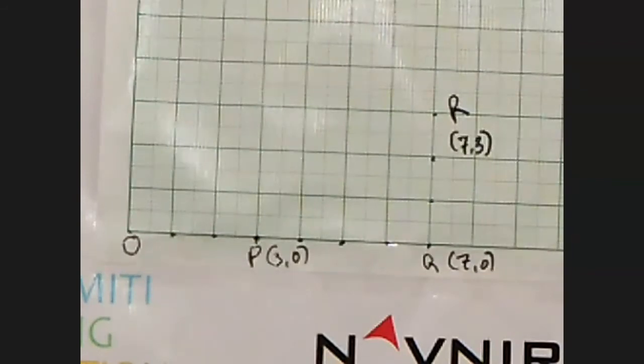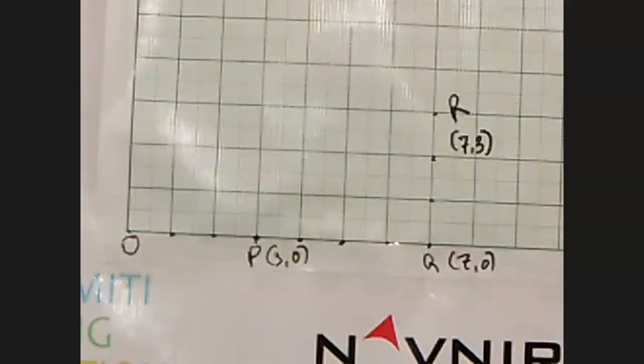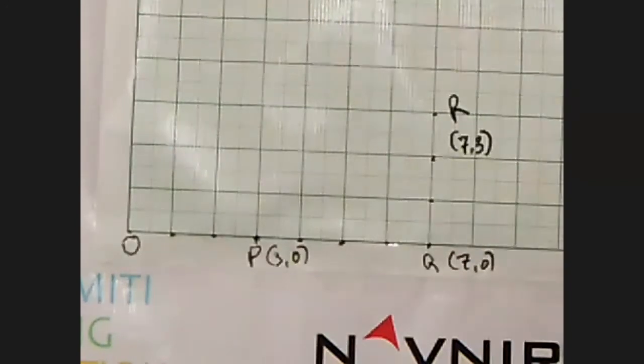Every point has its own coordinates. Let's look at the point P. We always start from O. To reach P from O, we take 3 steps to the right and no steps upwards. That is why we have 3 and 0.